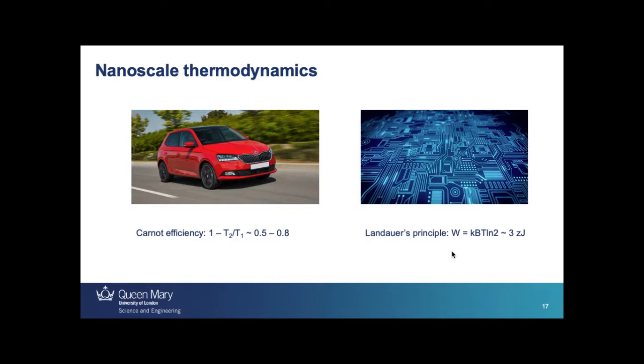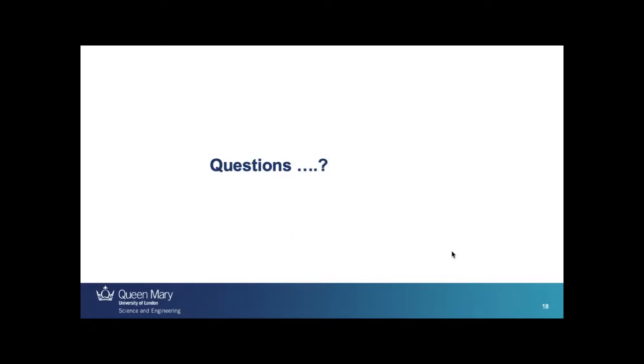So whether you do classical computation, where you just use spin up as a 1 and spin down as a 0, or you use quantum computation, where you use the superposition of this up and down, the energy required to create or erase that bit of information is exactly the energy that we've just measured for the single molecule. And with that, I'd be happy to answer any questions if you have them.